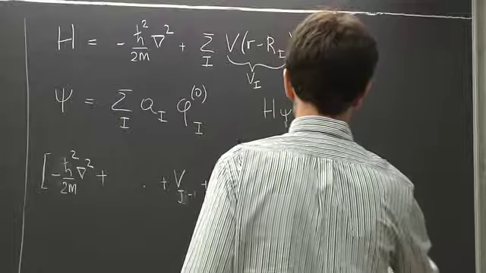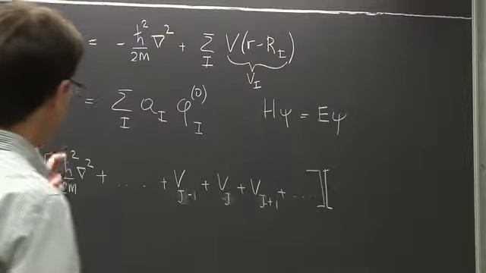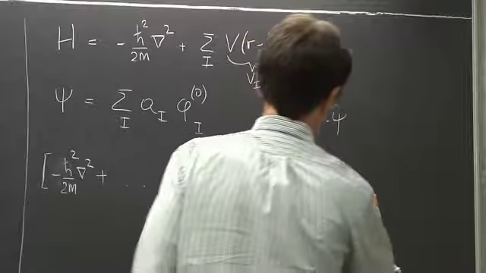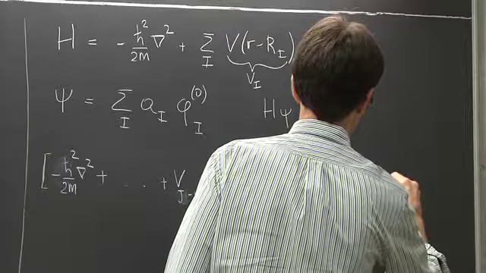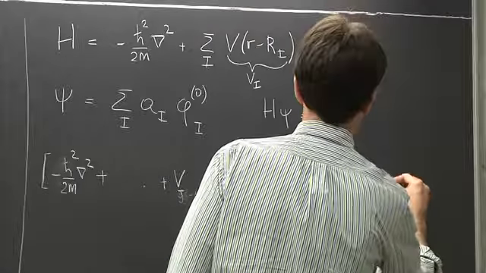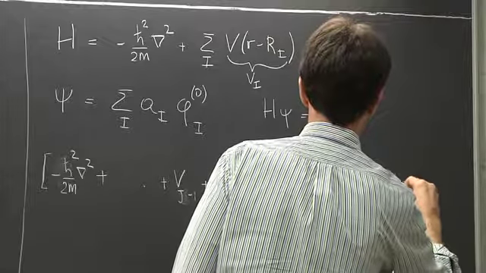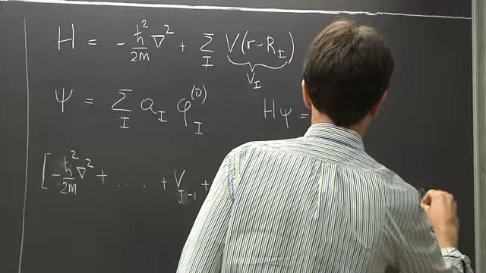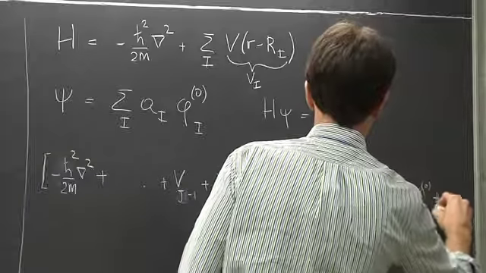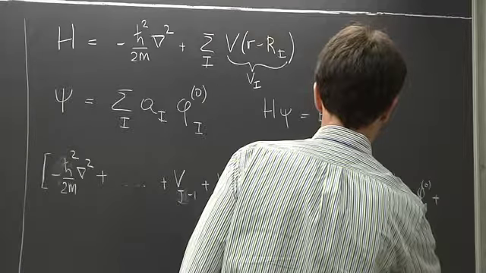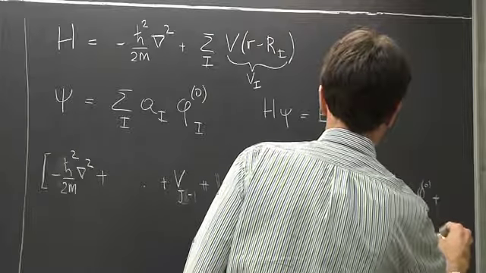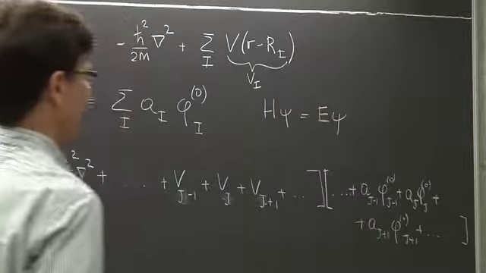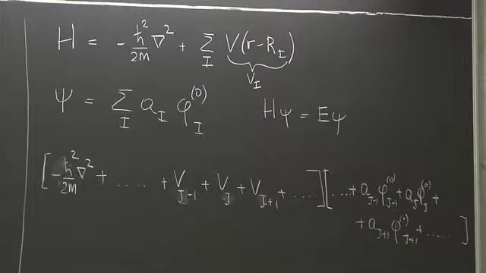And let me do something similar here, because I have to apply h to my wave function. So here we'll have an infinite series, and then at some point I will have j minus 1, phi naught j minus 1, plus aj phi j, plus aj plus 1 phi naught j plus 1, plus an infinite series to infinity on the other side.